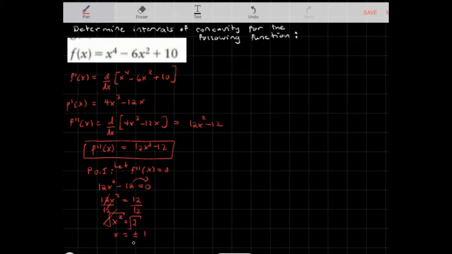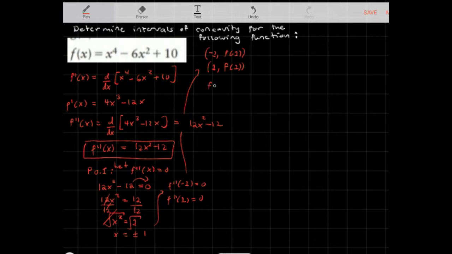Now these are the points where our point of inflection occurs, right? That is, f double prime of negative 1 is equal to 0, and f double prime of 1 is equal to 0. To actually find the point of inflection, you need to plug this into your original function. So our points should be negative 1 and f of negative 1, and 1 and f of 1.